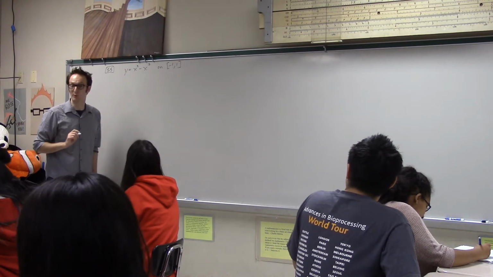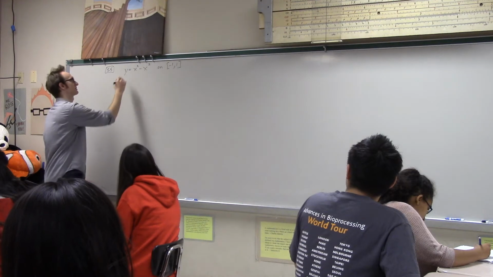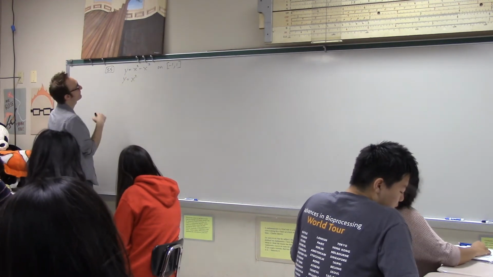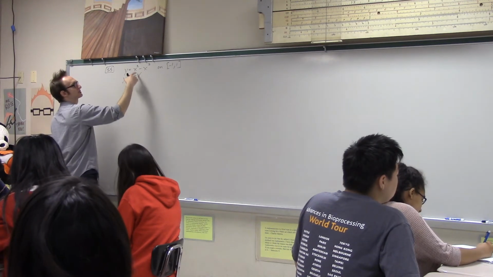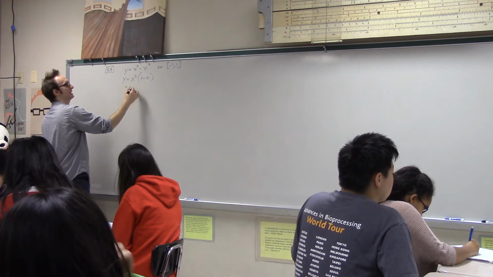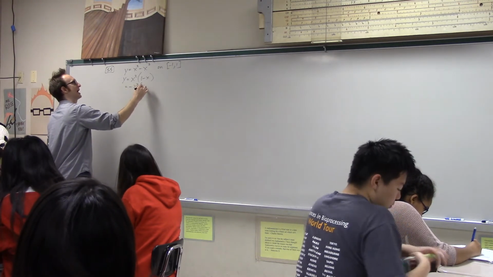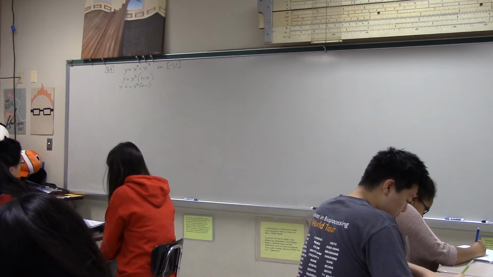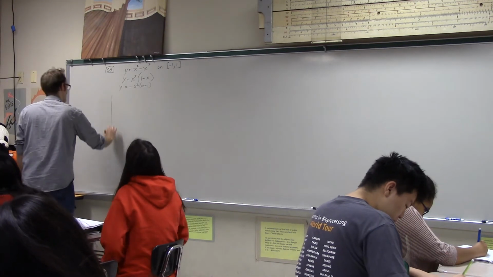First of all, let's get a really good graph of this going. I can factor out an x squared, so that's x squared times (1 minus x), and I'll also factor out a negative, so that's negative x squared times (x minus 1). That means I know what this curve looks like.